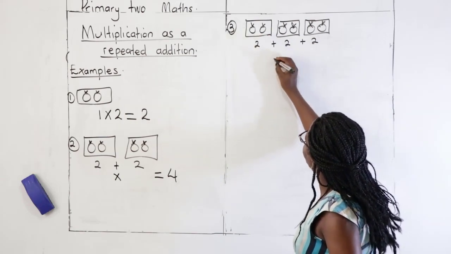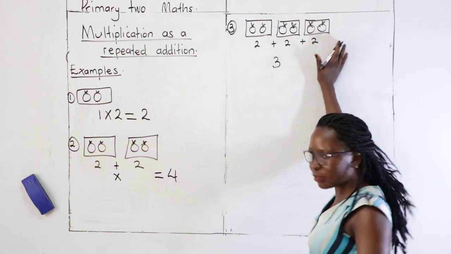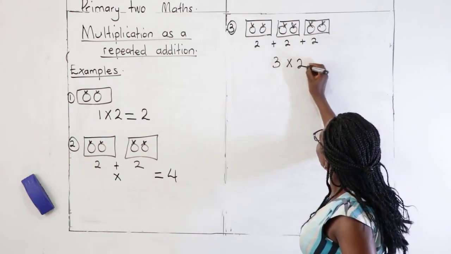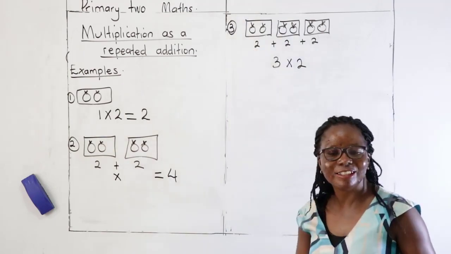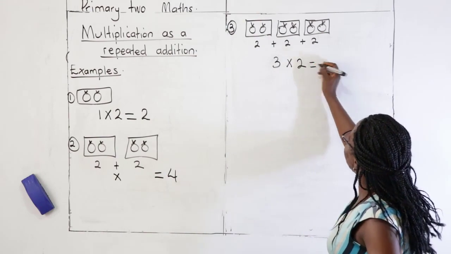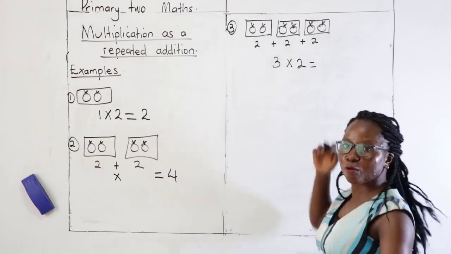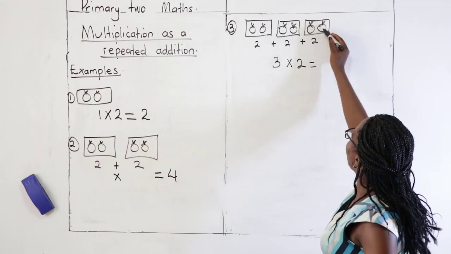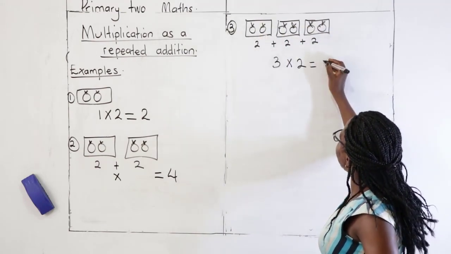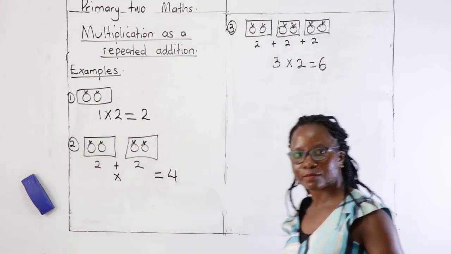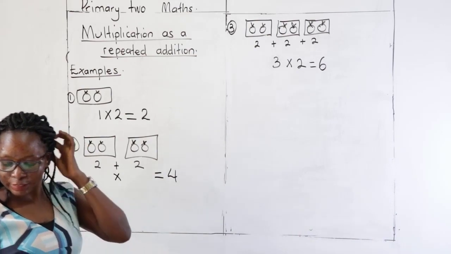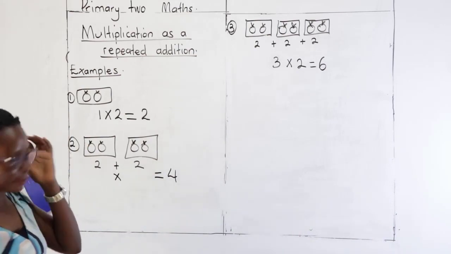You have to start with groups: 3 groups times the 2 apples that are in each. What are we going to get? Let us count them all together: 1, 2, 3, 4, 5, and 6. So the answer here is 6.